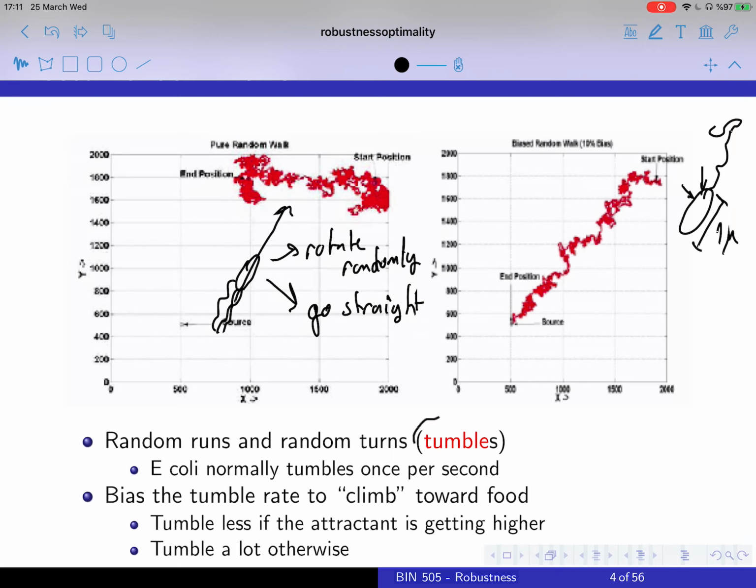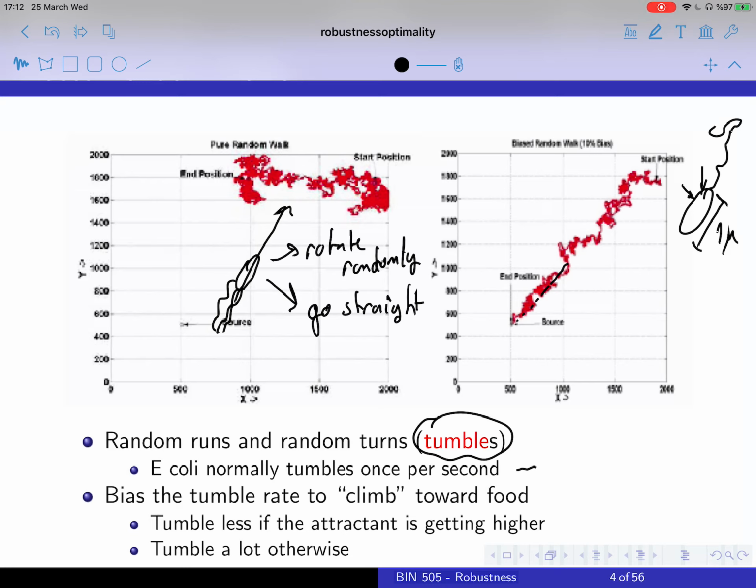We call those tumbles. Typically E. coli tumbles once per second, but when it finds food, especially as it gets closer to food, it tends to tumble less.